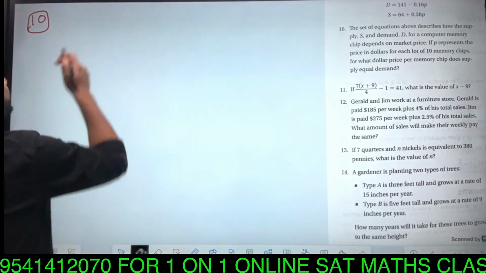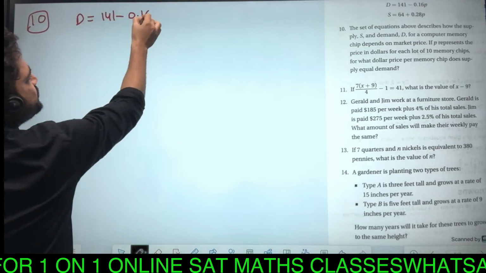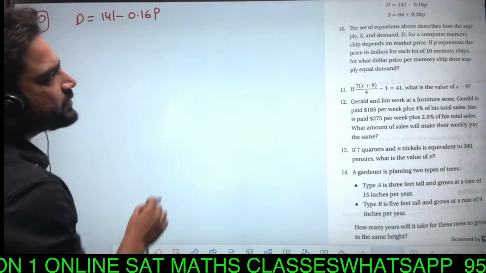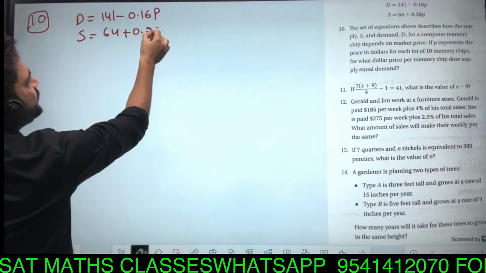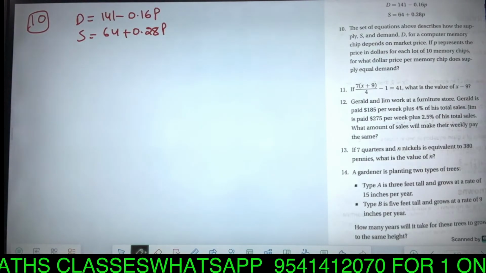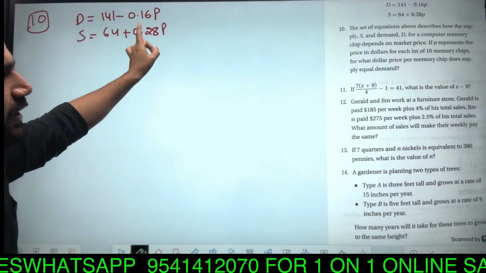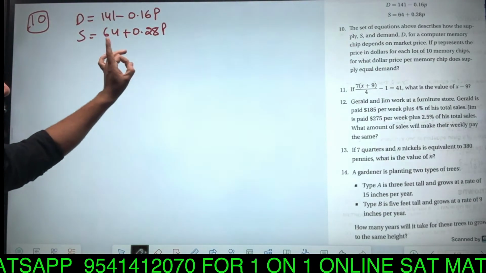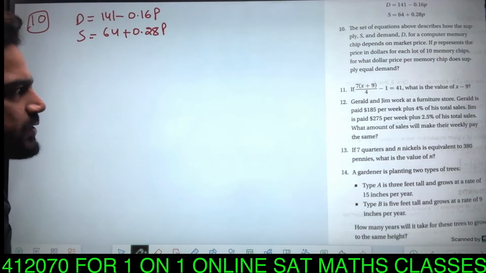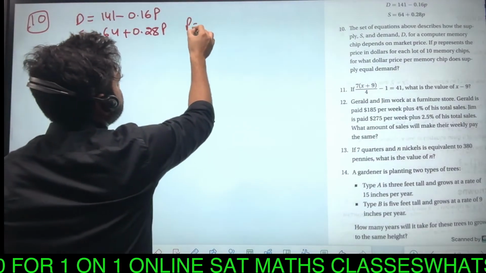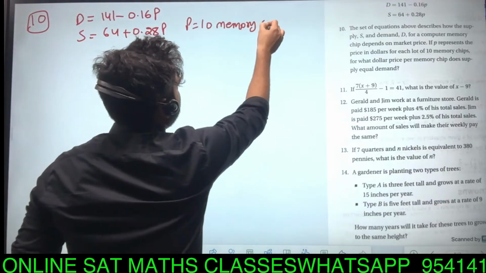They have given the demand as 141 minus 0.16p, and the supply as 64 plus 0.28p. Both supply and demand depend upon P, and P represents the price in dollars for each lot of 10 memory chips. 10 memory chips price is P.